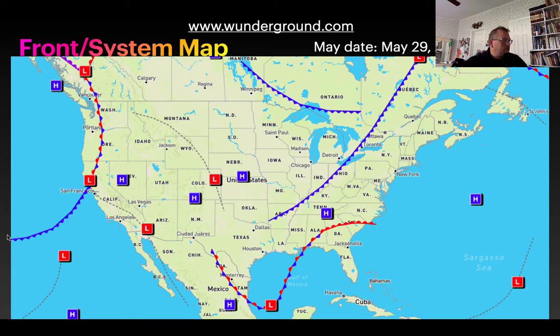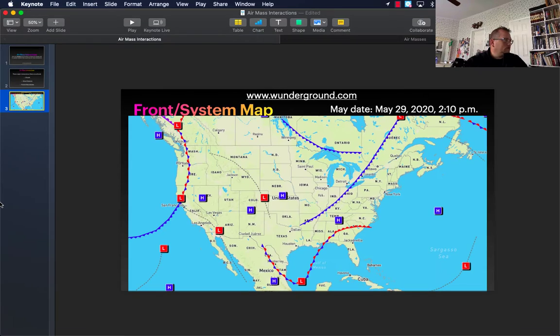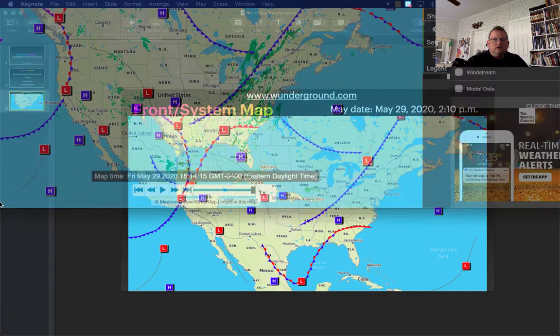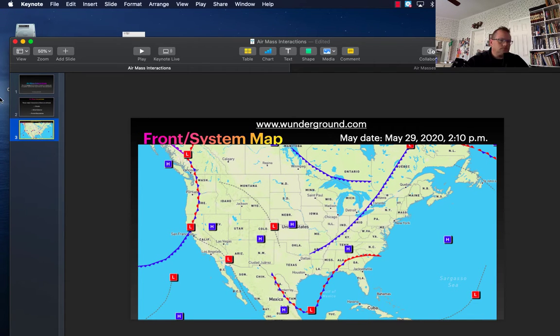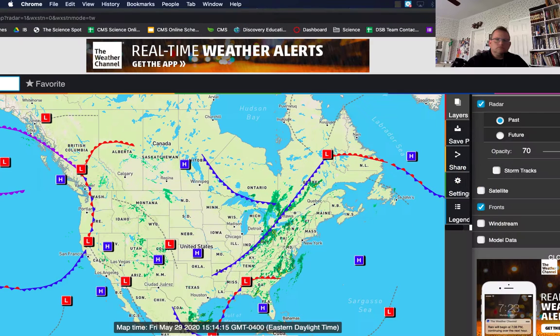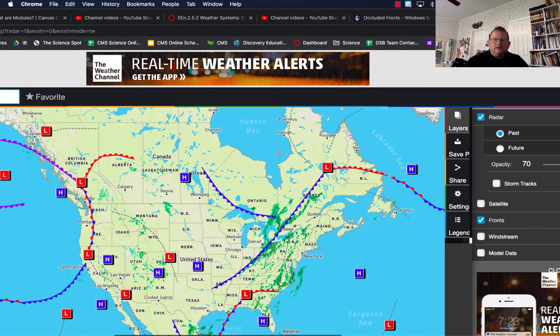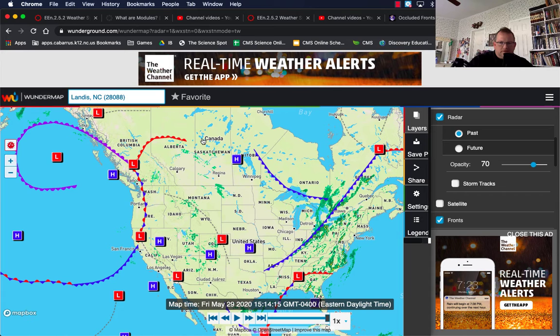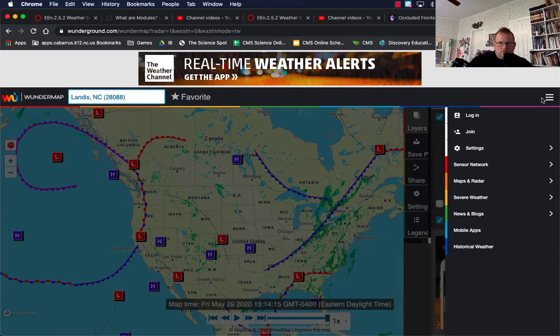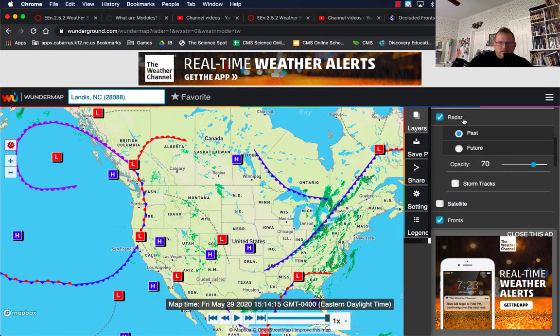I can actually show you. If I were to bring in this map here, you can actually see this front. I'm trying to make this so it's easier to see.